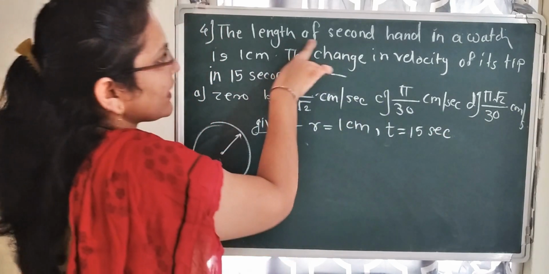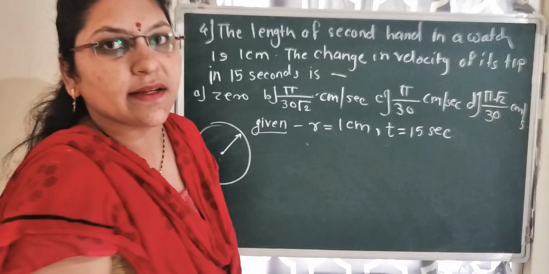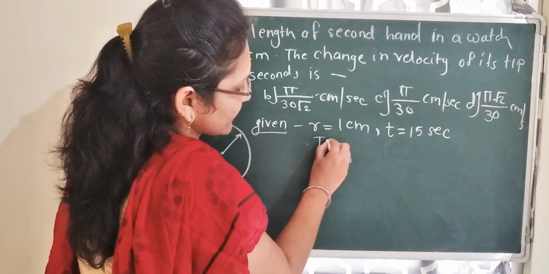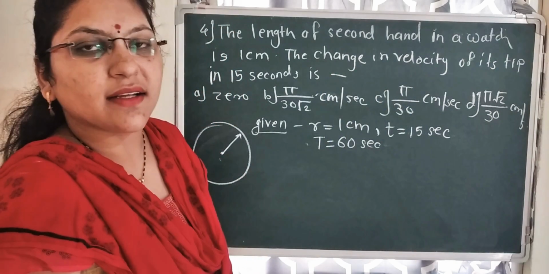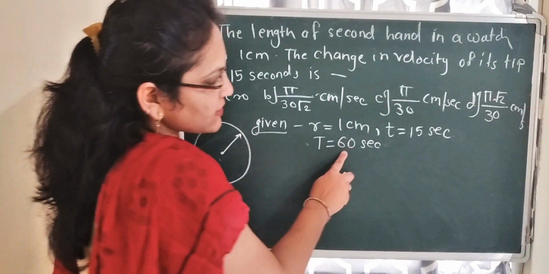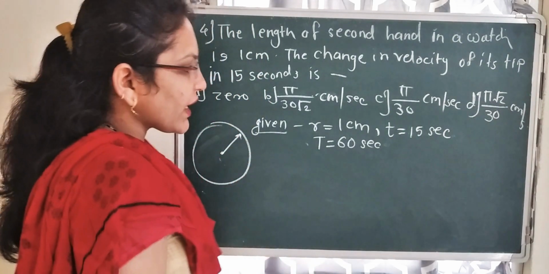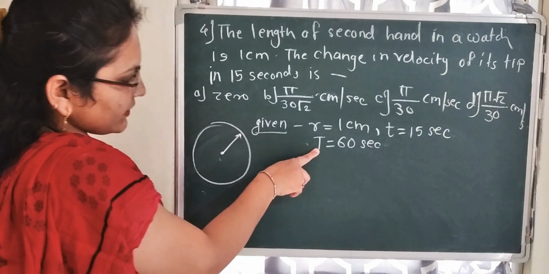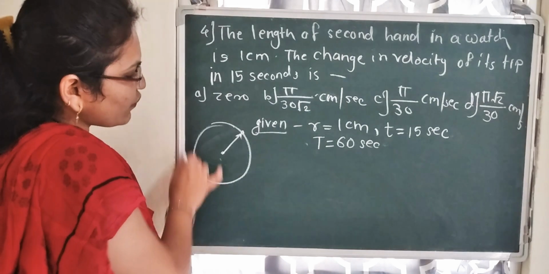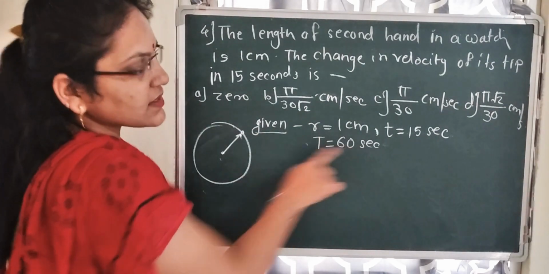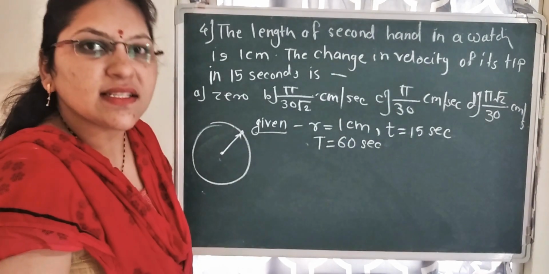But the second hand has a time period capital T, which is equal to 60 seconds. The time period indicates that the tip of the second hand completes one revolution in 60 seconds, and the time given is 15 seconds.